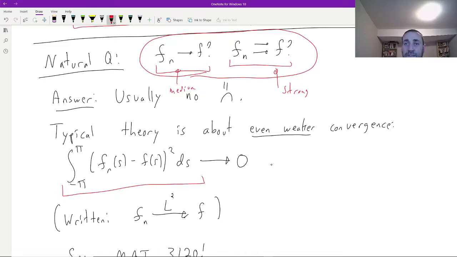So you can see if you have pointwise convergence, or especially uniform convergence, you're going to get this as well. But this doesn't quite require pointwise convergence. You can have individual points where Fn minus f doesn't converge to 0, as long as this integral converges to 0. And it turns out that's sort of the right way to talk about convergence for Fourier series.